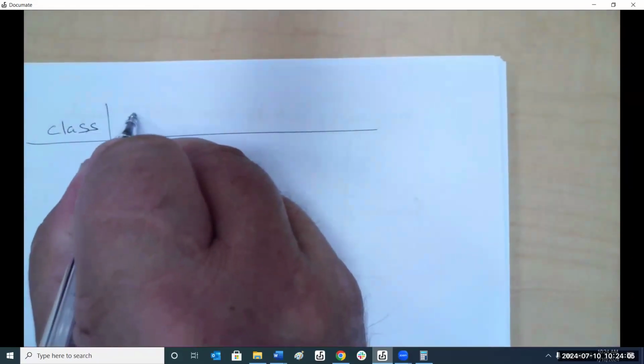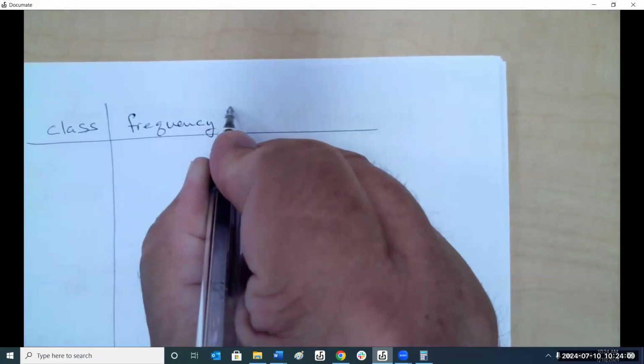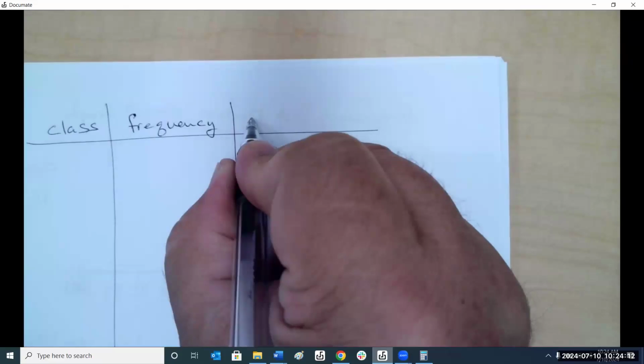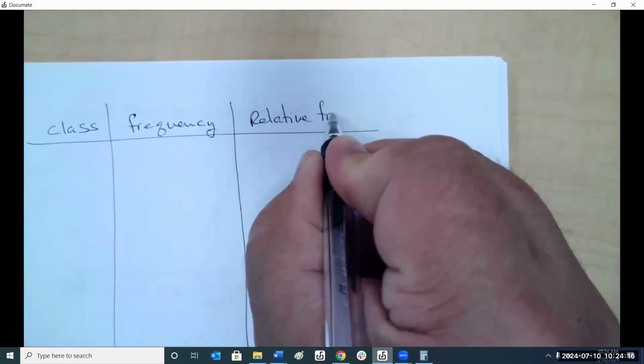So we have the class, the frequency, and the relative frequency.